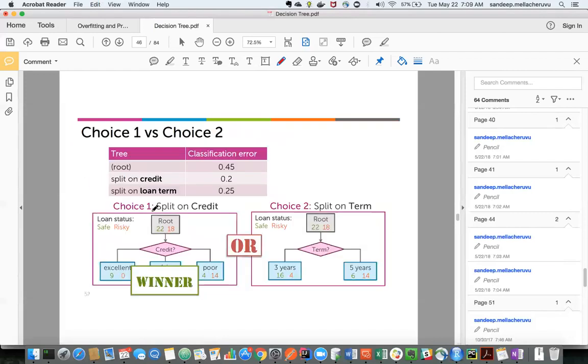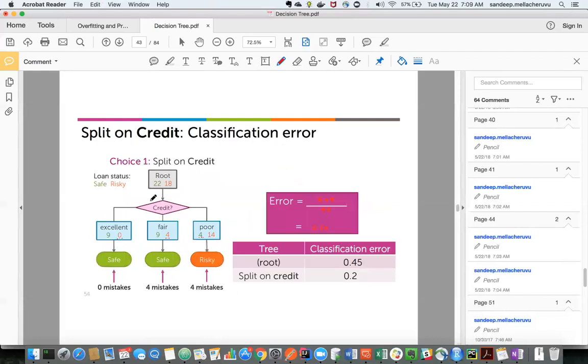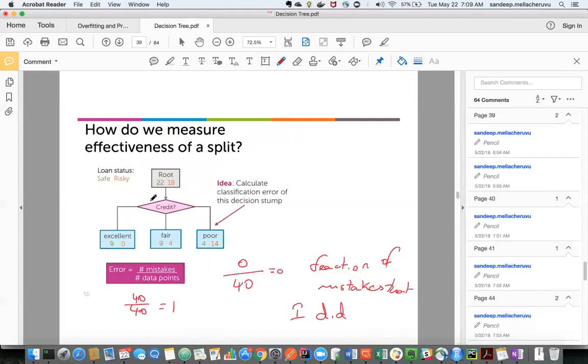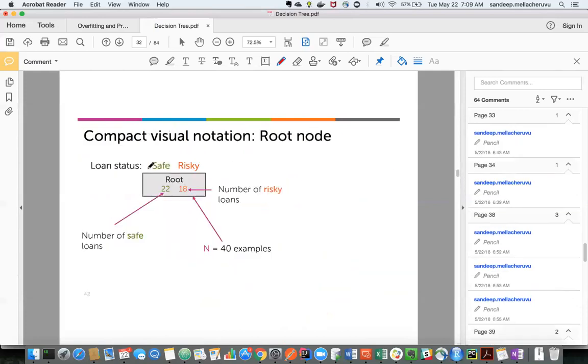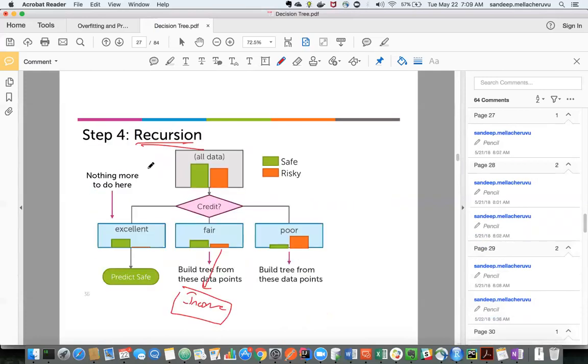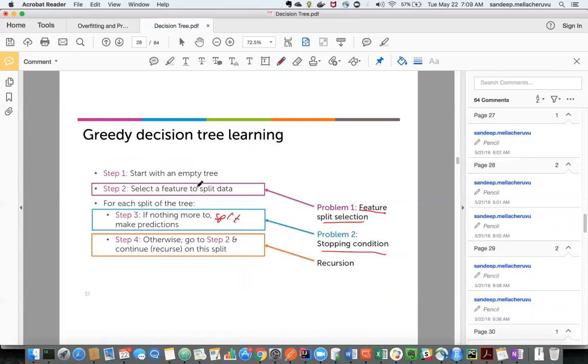If you go back to our initial set of problems that we did not understand fully, it's long back. Select a feature to split. This is what we understood. Now the second problem is, the first problem was that we didn't know how to select a feature, which we understood just now. The second problem is how to stop, or when to stop.